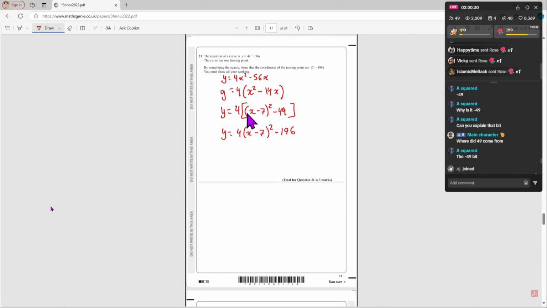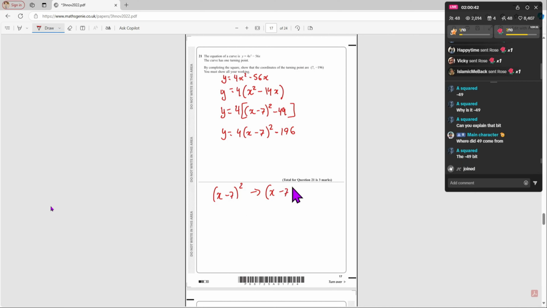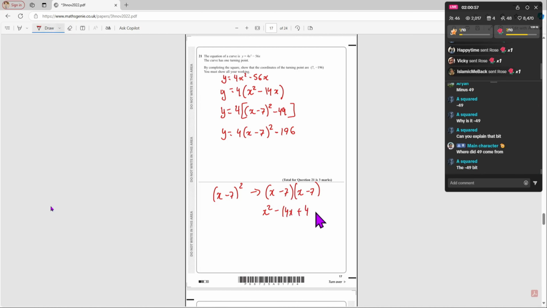So how do we get that? We have x minus 7 squared, right? Now, guys, listen if you want to know why we have a negative 49 over here. x minus 7 squared is the same as saying x minus 7 and then x minus 7, right? Expand that, and we're going to get x squared minus 14x plus 49.